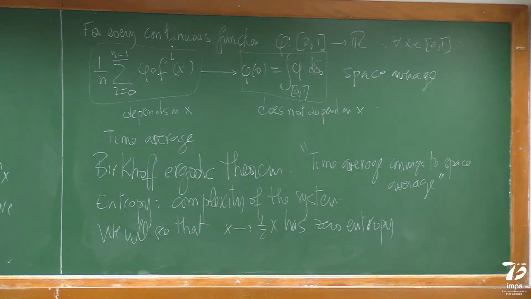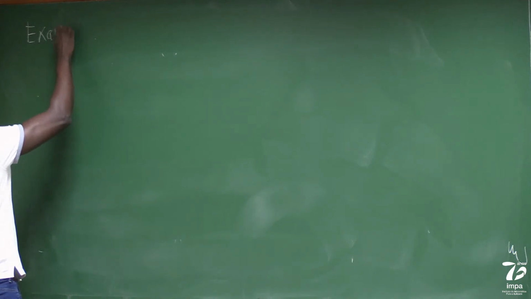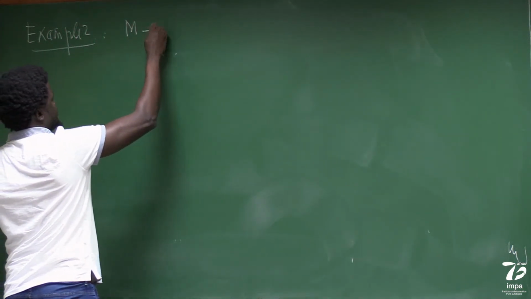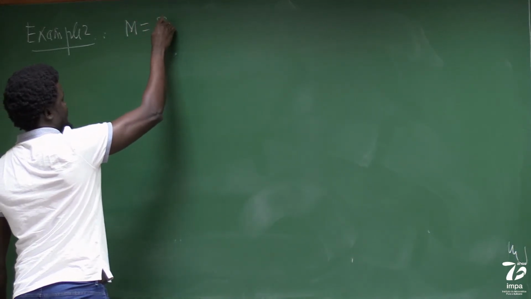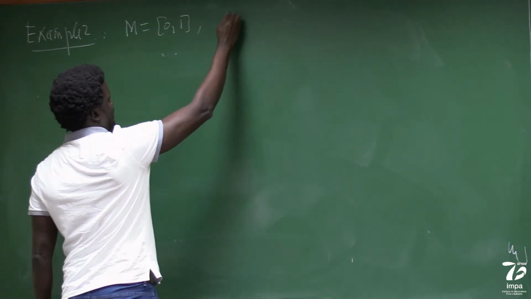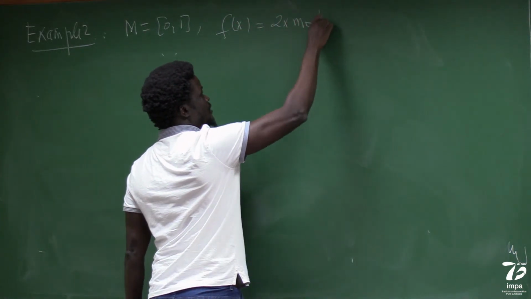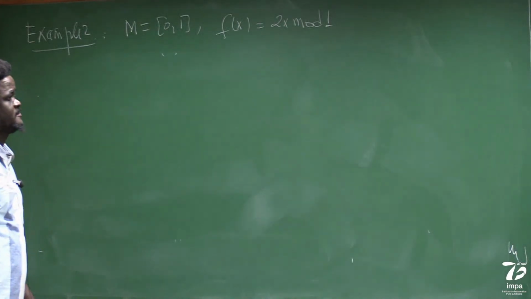Besides this system with zero entropy, we will study another one which is more interesting, example 2, where M is the interval and f of x is 2x mod 1. Probably some of you have seen this map.